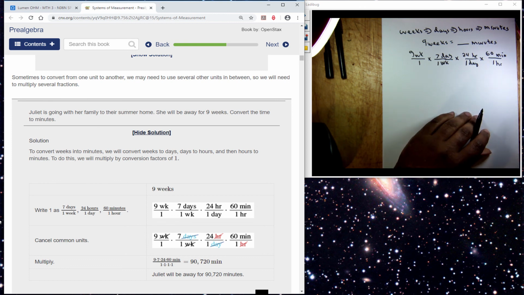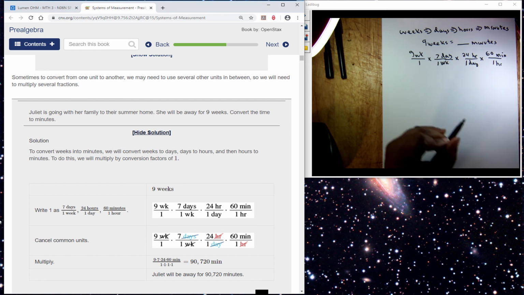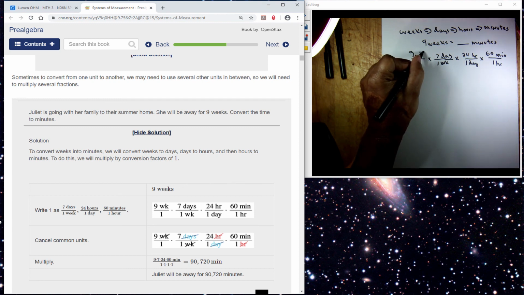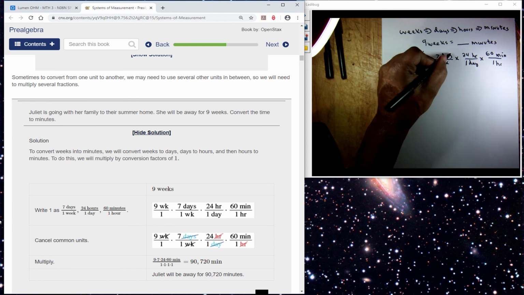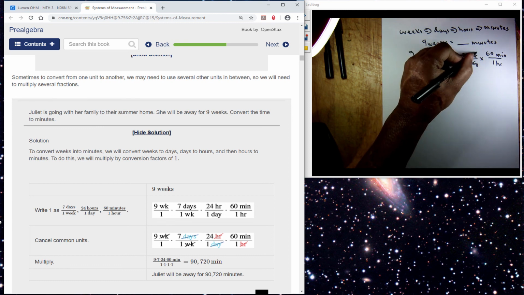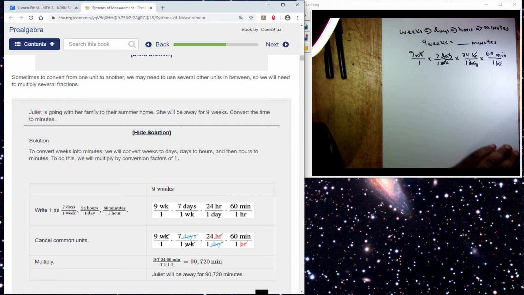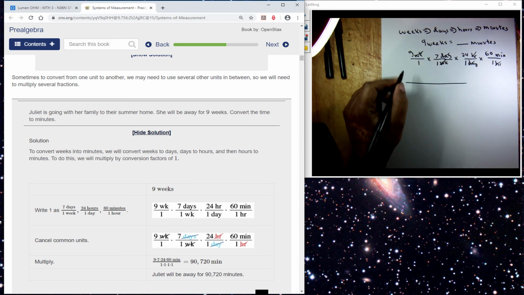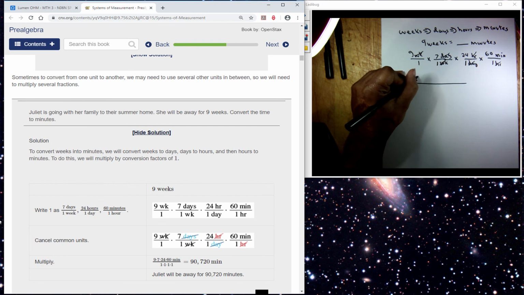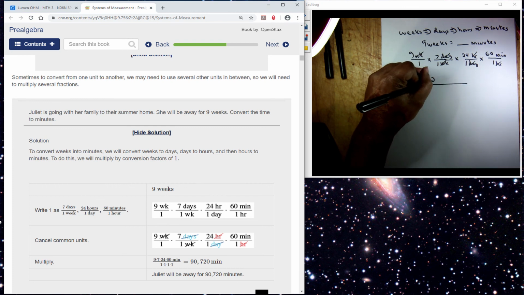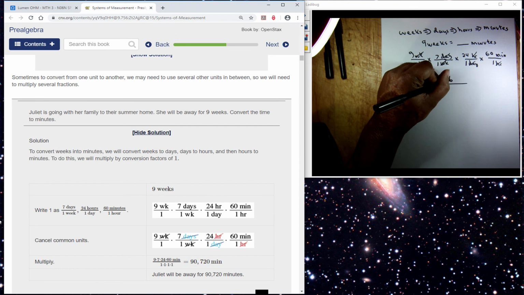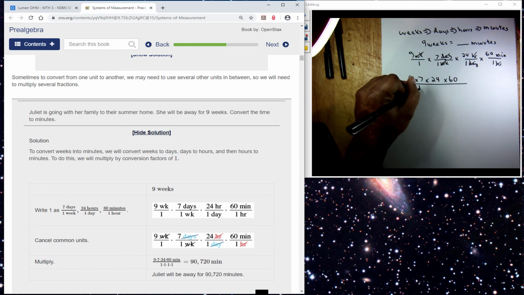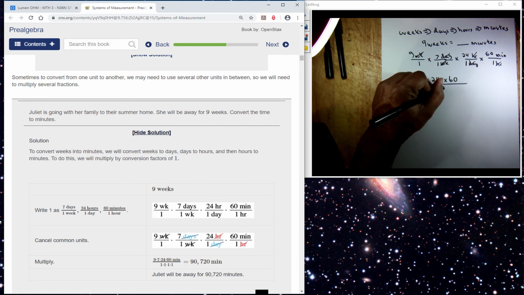Now, when I multiply this out, certain things are going to cancel out. I see that weeks cancel out, days cancel out, hours cancel out, and the only unit that's left is minutes. So when I multiply this across the top, I'm going to have 9 times 7 times 24 times 60 times 1 times 1 times 1 times 1.